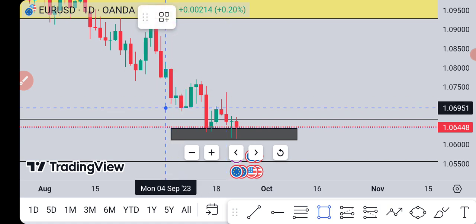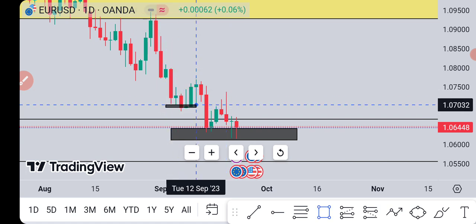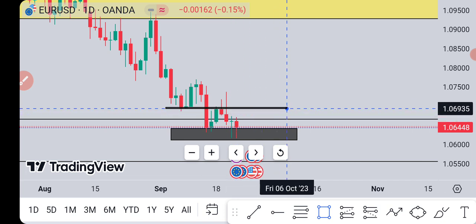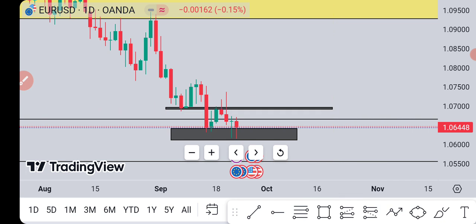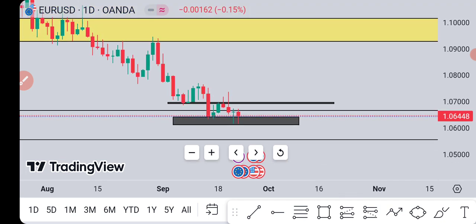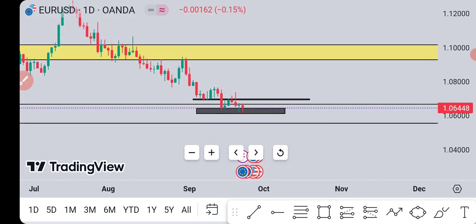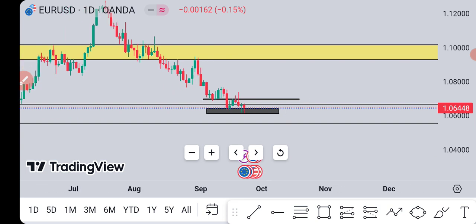Remember, this is not a change in direction yet until we break above previous high. So until we break above this daily level here, it is not a change in direction. We expect bearish price action until you break above this zone.